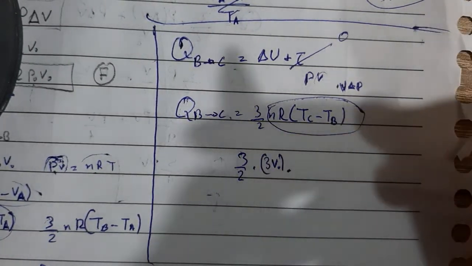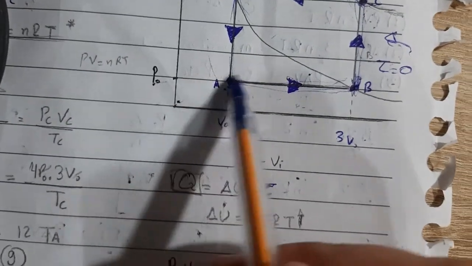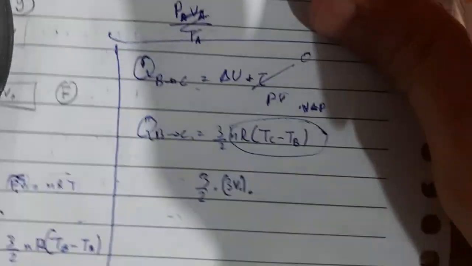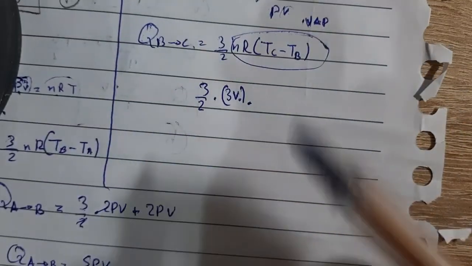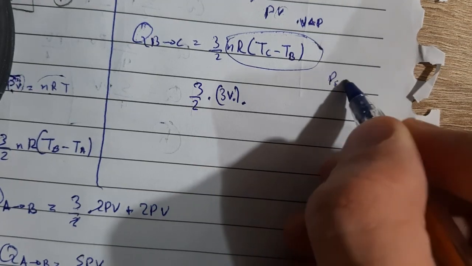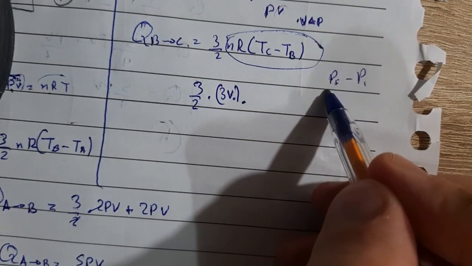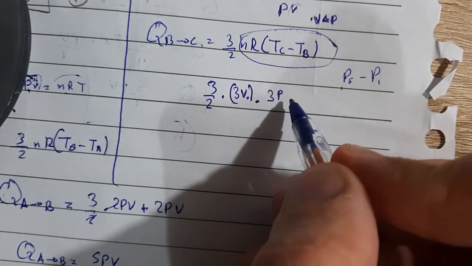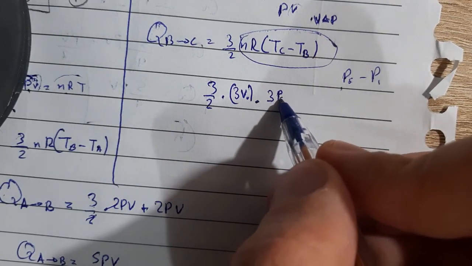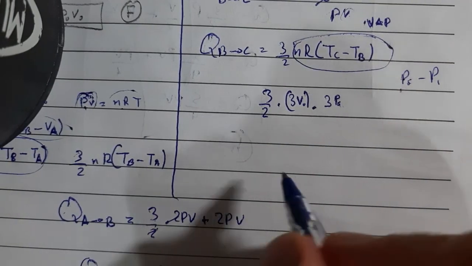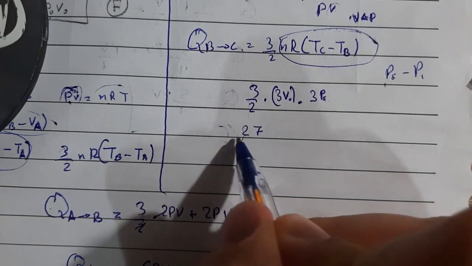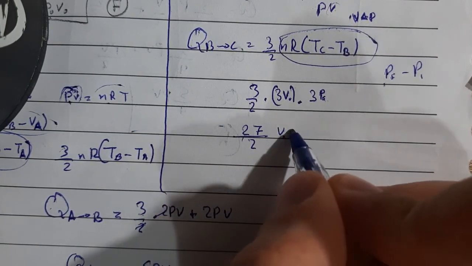Well, the pressure in point B is P0, and then it goes to 4P0 in point C. So the variation of the pressure is pressure final minus pressure initial: 4P0 minus 1P0, 3P0. So 3 versus 3 versus 3, 27 divided by 2 V0 P0.